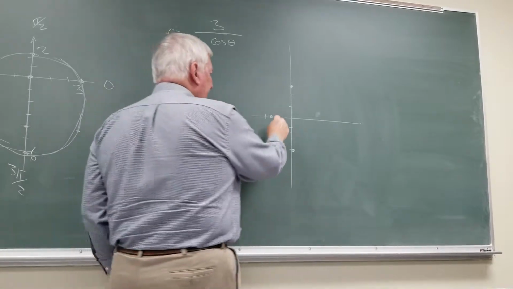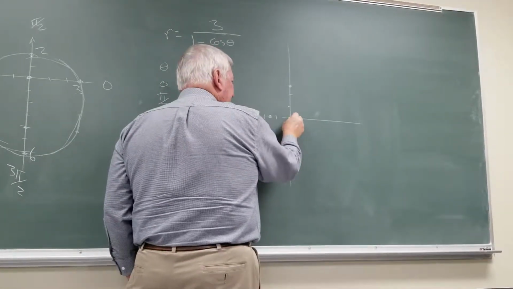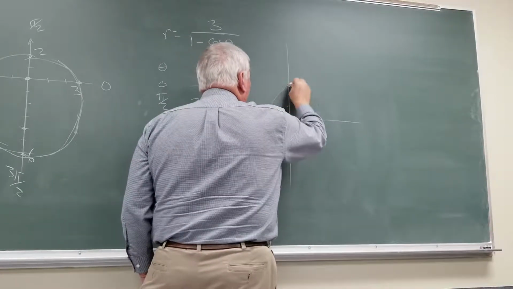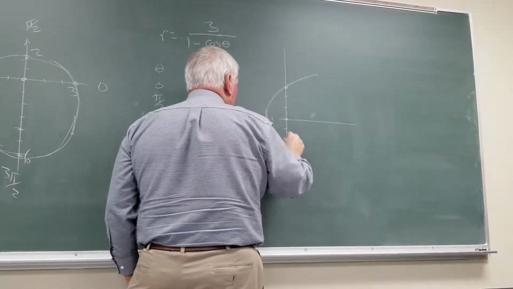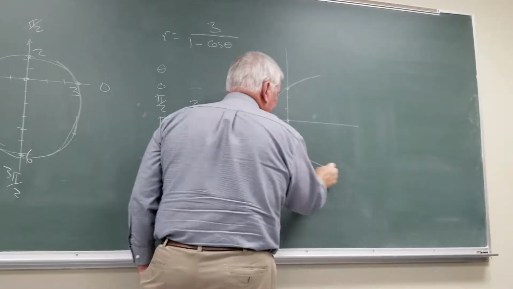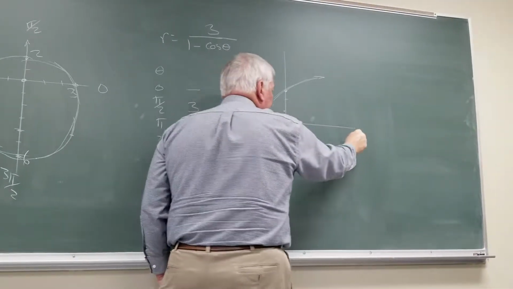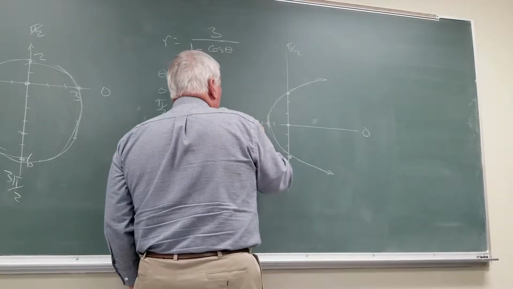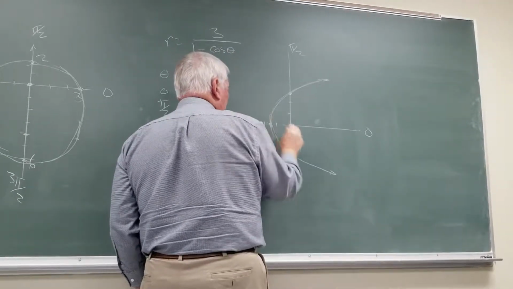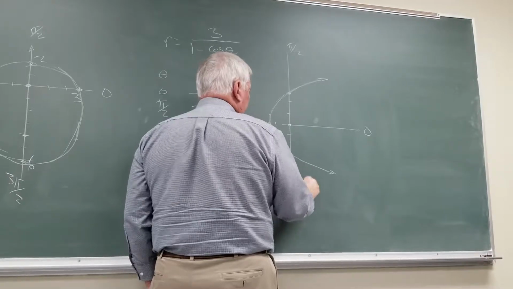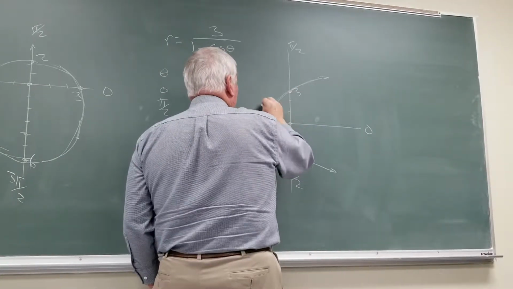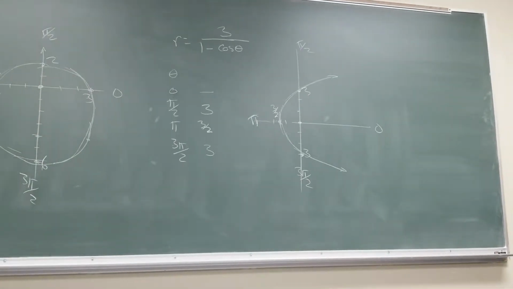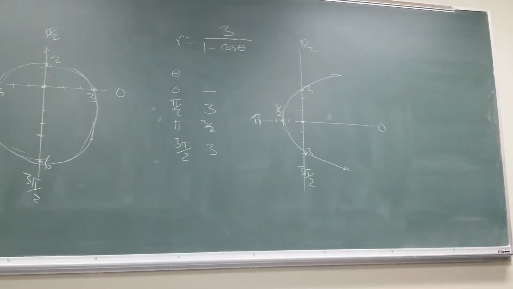And this is the vertex, the focus is there, this is the latus rectum, and the curve goes like so. 0, pi over 2, pi, 3 pi over 2, this was 3, this was 3, and this was 3 halves. And you see we have a parabola.